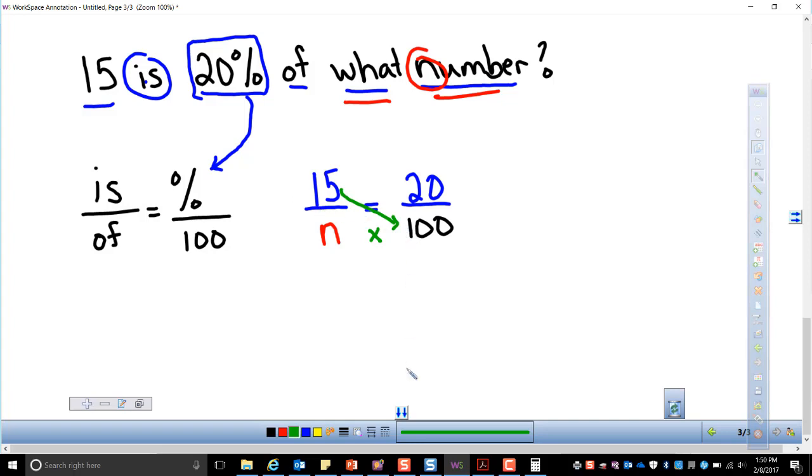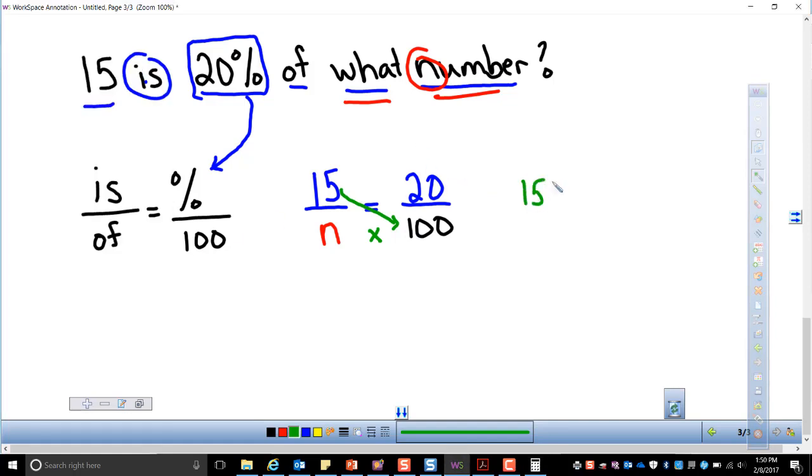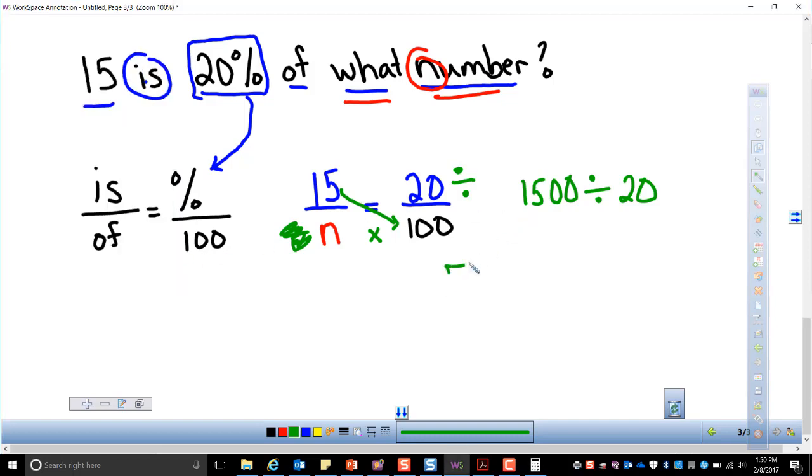So 15 times 100 should be 1,500. And then you're going to divide by 20. Divided by 20 is 75. So my answer is 75. That's a number, so that's all I need is just the number, 75. Okay?